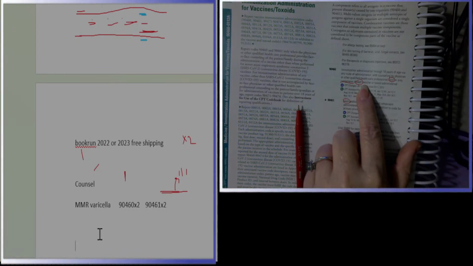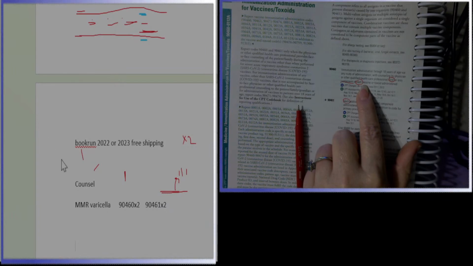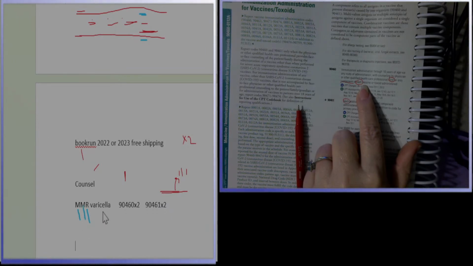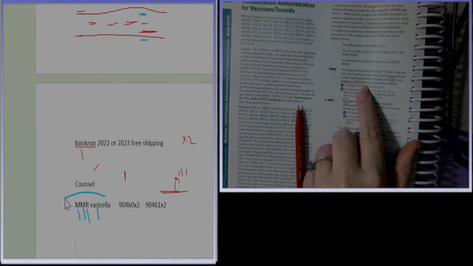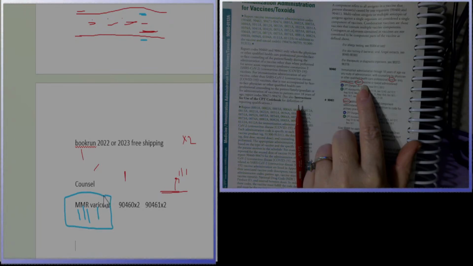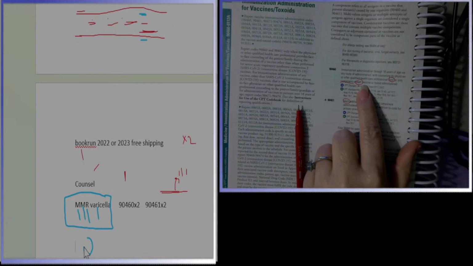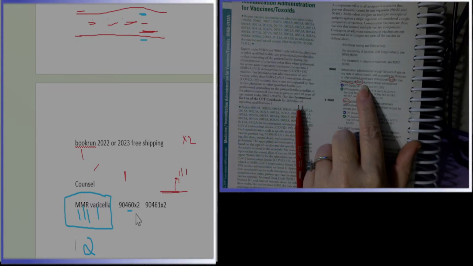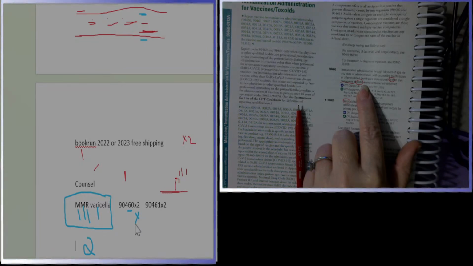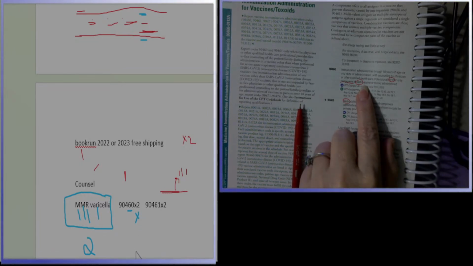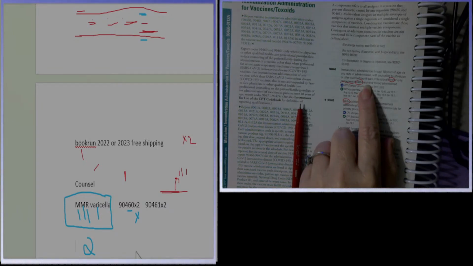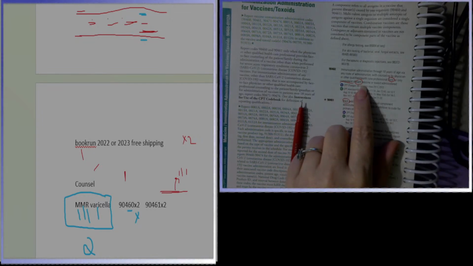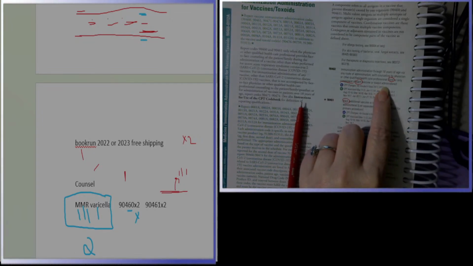MMR does have 3 components. We've got 1, 2, 3, 4 components in all combined vaccines given. Only 2 vaccines were given. 60 is only for 2, and it says for each vaccine administered, the first component of each vaccine administered.